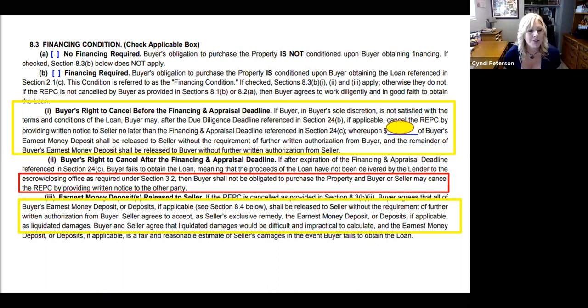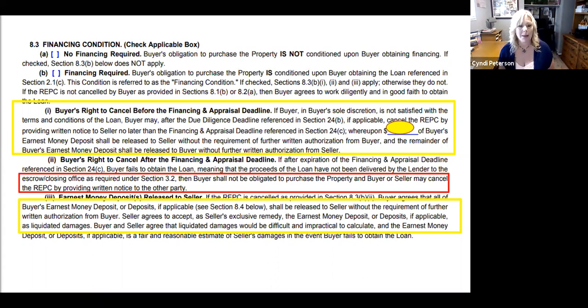So if the buyer fails to obtain the loan, meaning the proceeds of the loan have not been delivered by the lender to the escrow closing office as required under Section 3.2, which is what we went over, then buyer shall not be obligated to purchase the property, and buyer and seller may cancel the REPC by providing written notice to the other party.